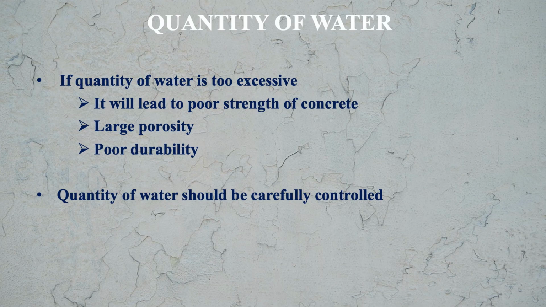So the concrete will not be durable if again the water is too much, means more than the required amount of water. So here you can say that quantity of water should be controlled carefully. It should not be too less or too excessive, because in both the cases you see that adverse effect on the strength and durability is coming into picture in the concrete.